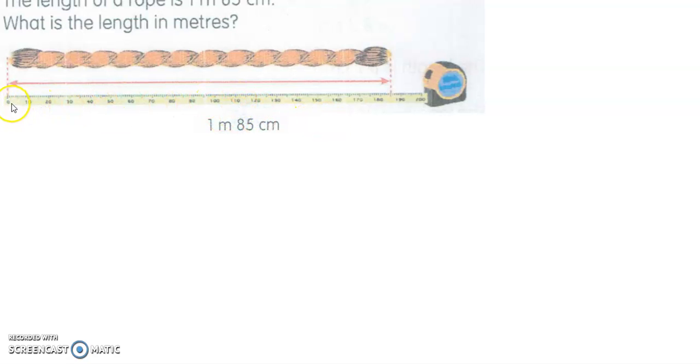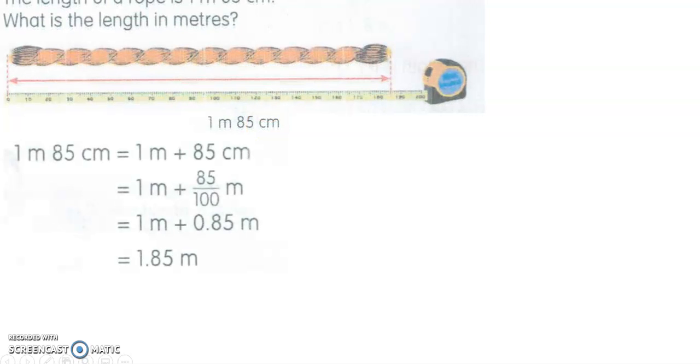And we see that it's from 0 until 185, this point. So we say that it's 1 meter 85 centimeters, but we want the length to be in meters only instead of meters and centimeters.